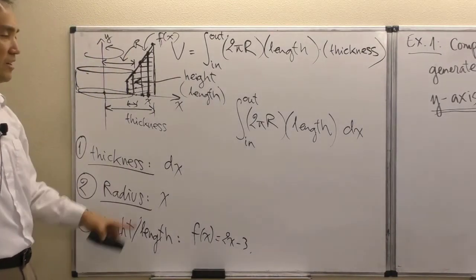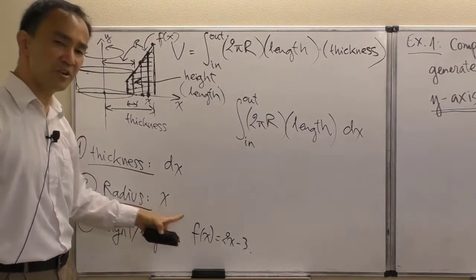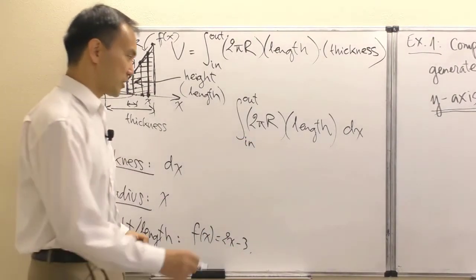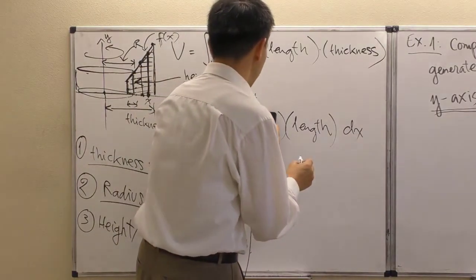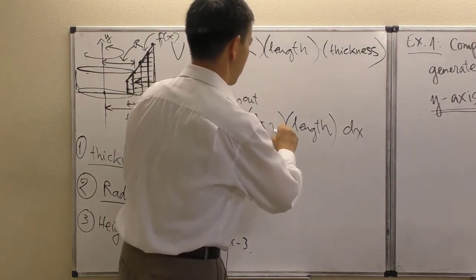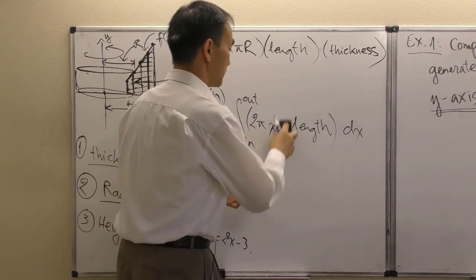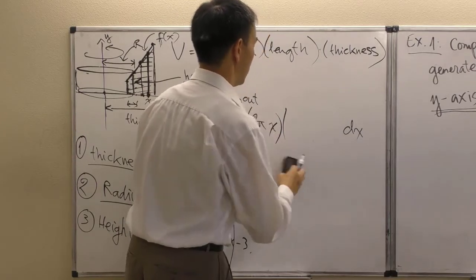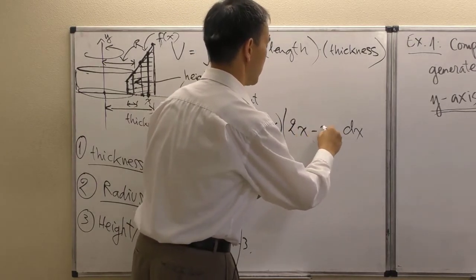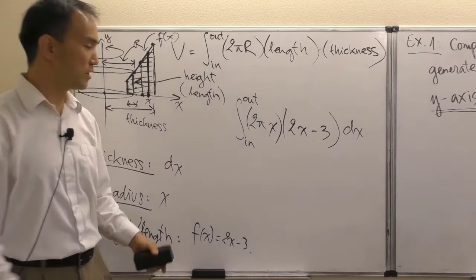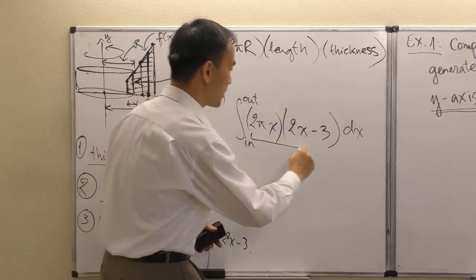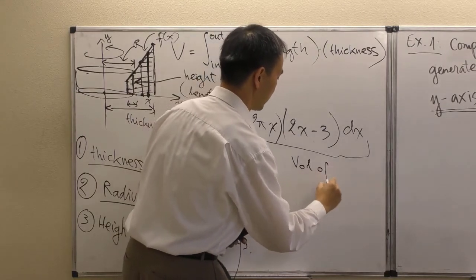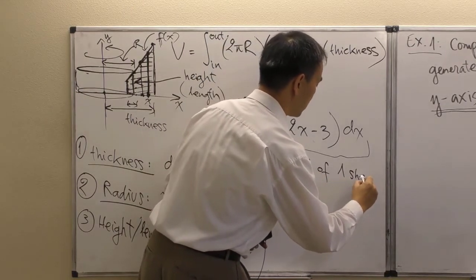Now I'm ready to put both of these pieces of information into my integral formulation. It's going to be 2 pi, the radius is x, and the length of any of my stripes is 2x minus 3. That completes my setup for the volume of one shell.